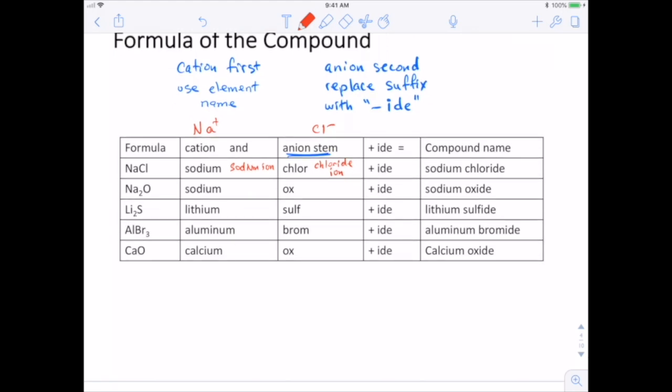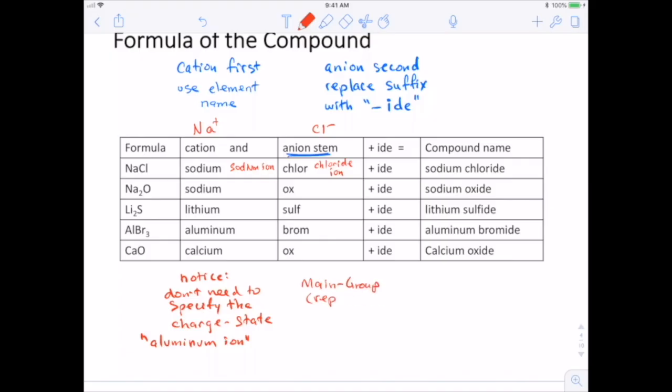Now, notice that you don't need to specify the charge state when you say this. You don't say the aluminum 3 plus ion, you just say aluminum ion. And you know that if it's a main group element, or what we sometimes call the representative elements, there's only one ionic form for each one.